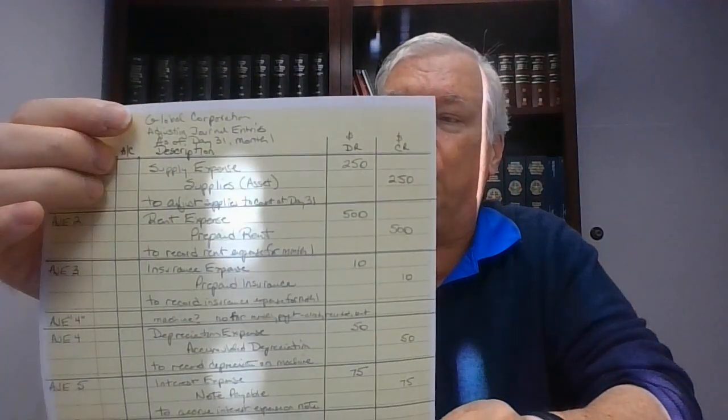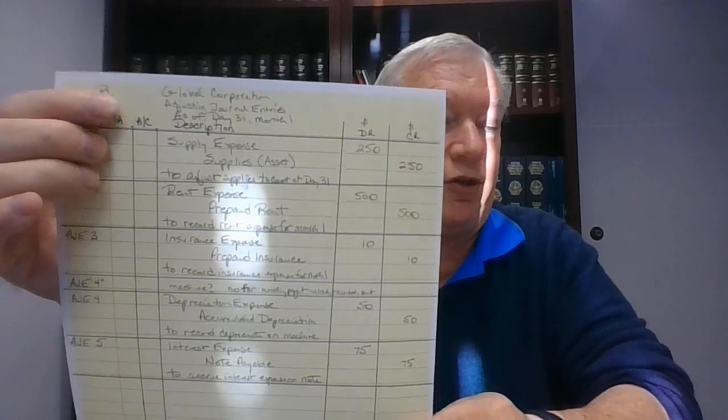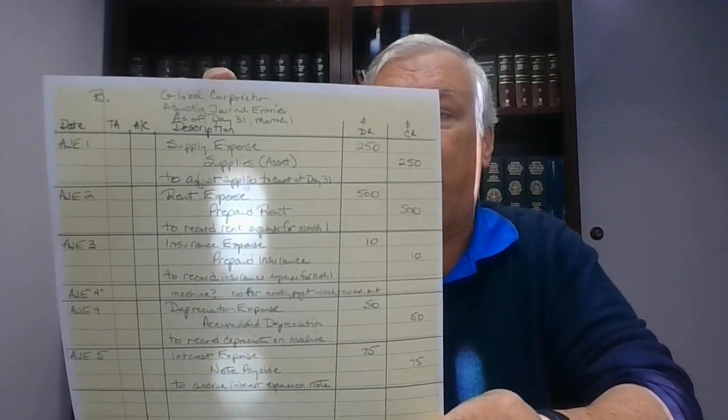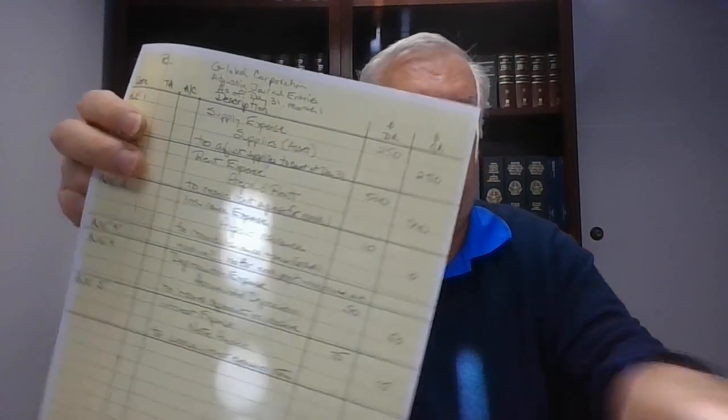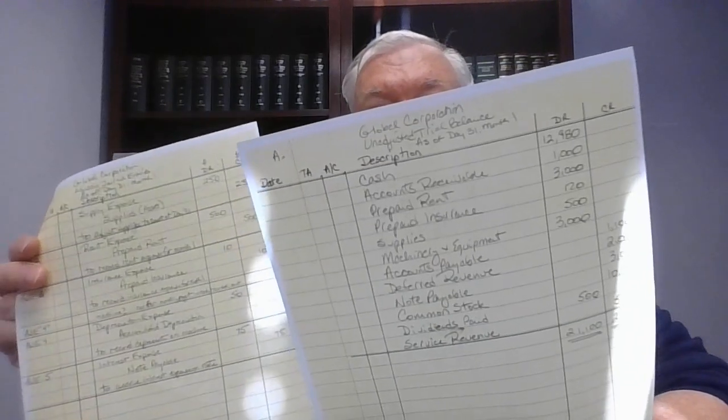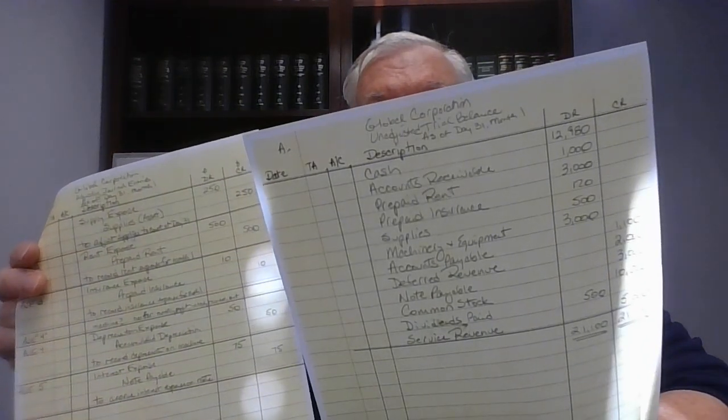And when we do our adjusting entries, just as when we do our regular entries, and I should have pointed this out, we always have a proper heading at the top of our accounting worksheet. On our trial balance that we just looked at, it was Global Corporation unadjusted trial balance, as of day 31, month number 1.